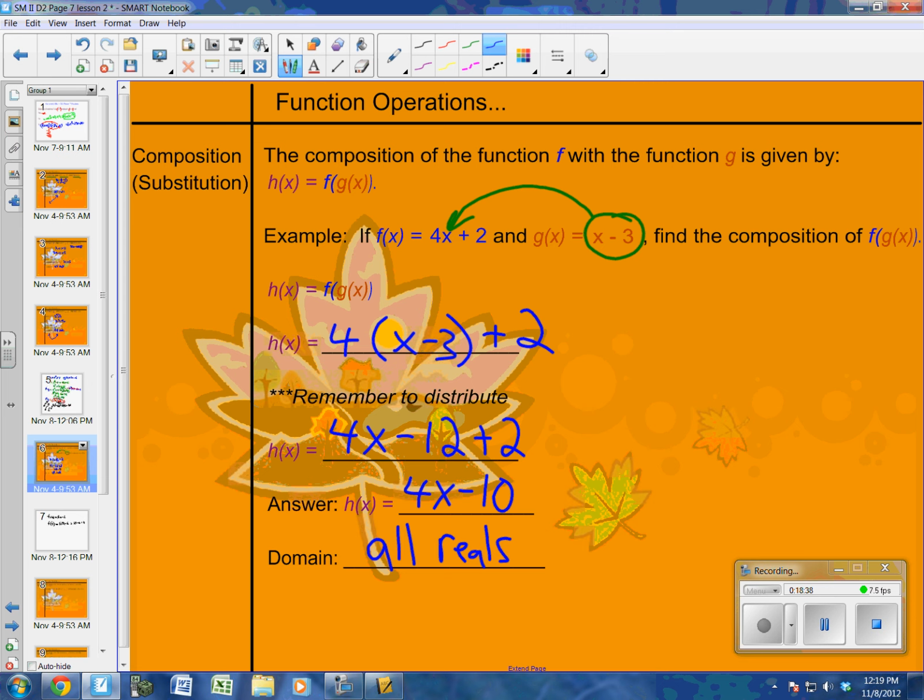Okay, I'm going to challenge you right here. Now find g of f of x. When you think you have the answer, raise your hand.